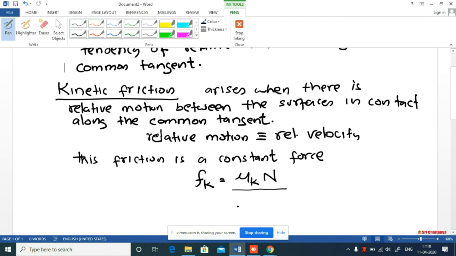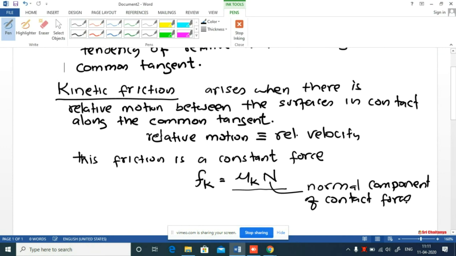It is a special constant which is a property of the two surfaces in contact, and N is the normal component of contact force between these two surfaces, right? And mu k is the coefficient of kinetic friction.